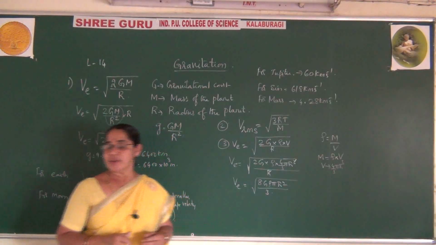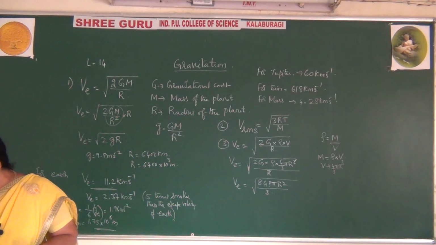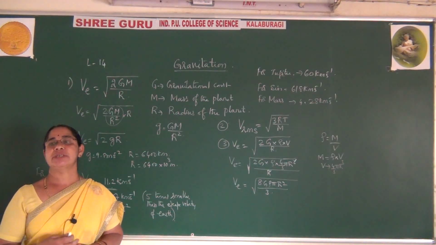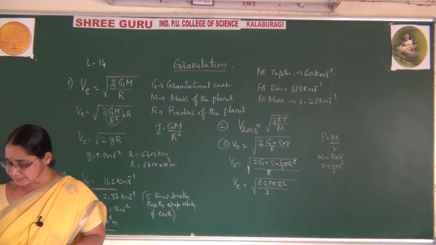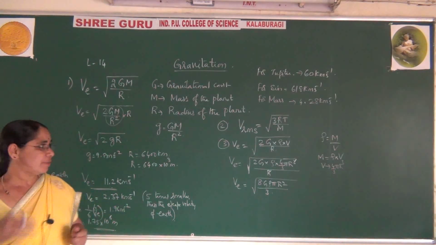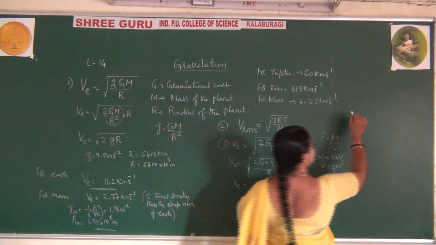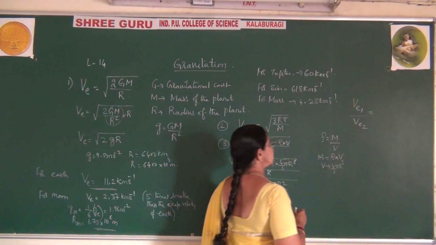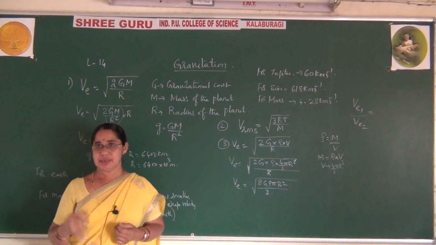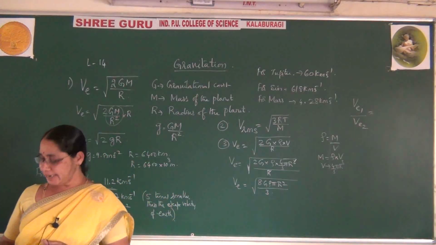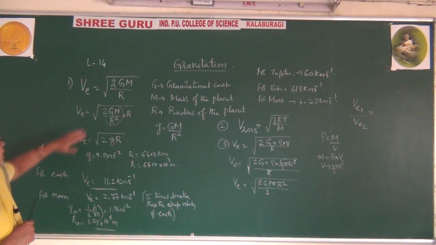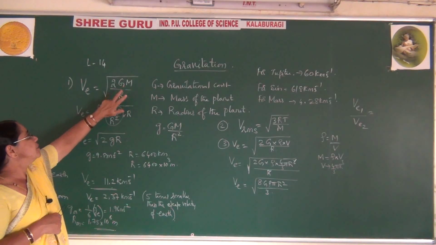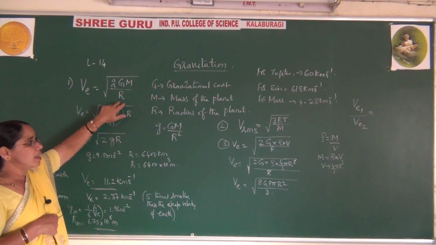Okay, now using this we can also write the relations for two different planets. If you have two different escape velocities, I can rewrite this, for the first planet VE1 and for the second planet VE2. Using this condition I can write in different forms. In terms of this, G is a constant, so that will cancel, but the mass and radius of the planet will be different for two different planets.